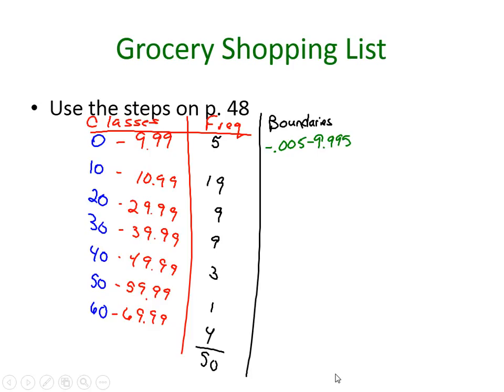Again, it's a value you're not physically going to get, because that boundary keeps it obvious where things land. The upper class boundary of that will turn into the lower class boundary of the next class, because when you subtract half a penny from $10, you're back to 9.995 to 10.